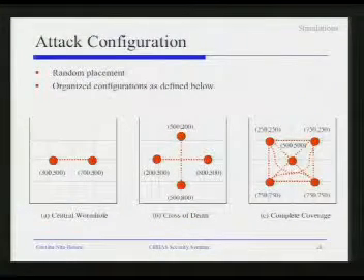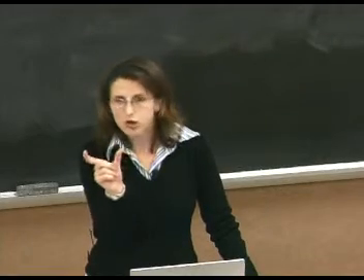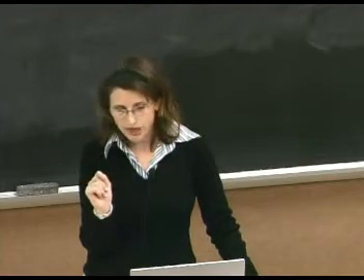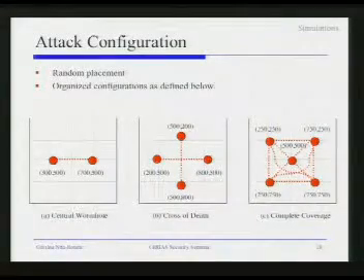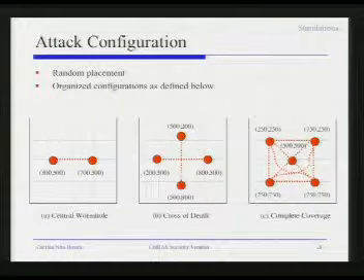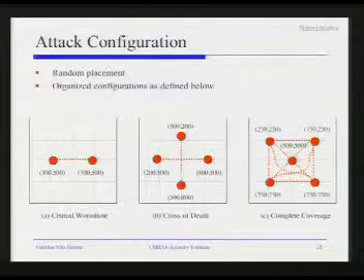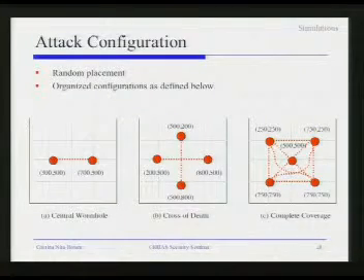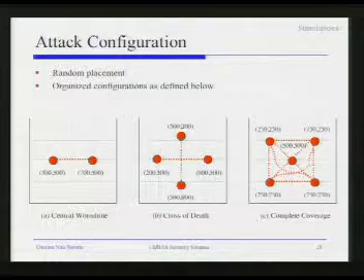So the configurations that we looked at are the following. We also want to play with wormholes, so at some point we need configurations in which we have 2 nodes. One of them is called central wormhole. In other words, in the area in which we are performing the simulations, we put a wormhole that is centrally placed, which means the adversary compromises these 2 nodes, controls these 2 nodes, and can perform any type of attack.